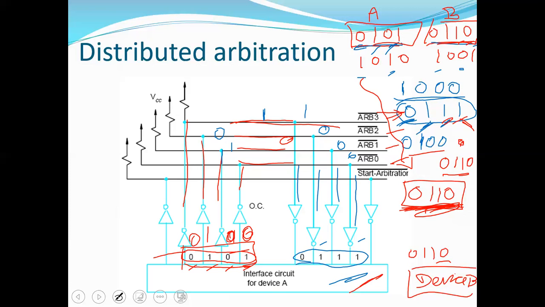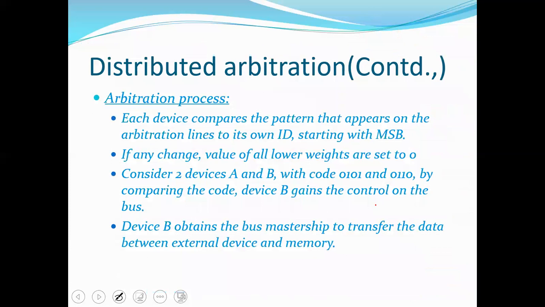We'll take one more example. You remember the circuit, there is a NOT gate, and while returning values from the arbitration line there is also a NOT gate. So if I take 0001 as the ID of device A, and for device B I take 0111.